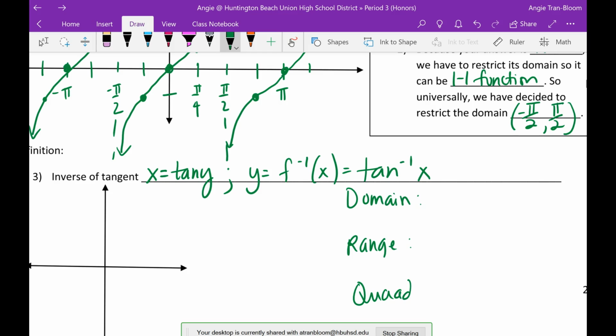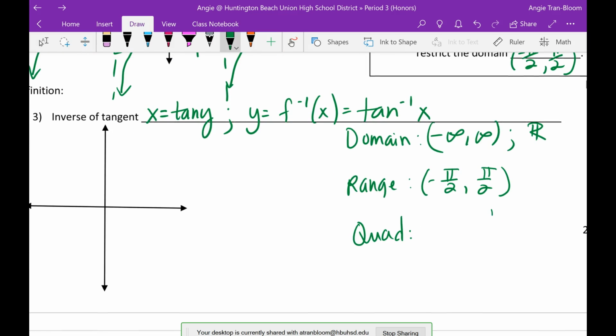What's our domain for tangent inverse? Perfect. Negative infinity to positive infinity. If you want to write all reals, I'll take that. Range. Right, negative pi over 2, non-inclusive, all the way to pi over 2. Let's connect that to the quadrants on your unit circle.